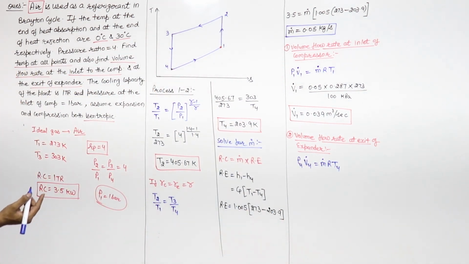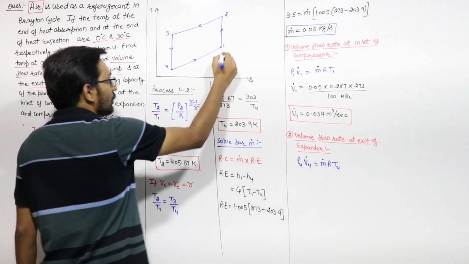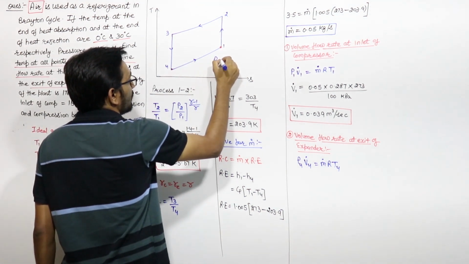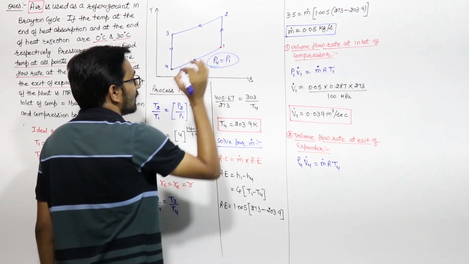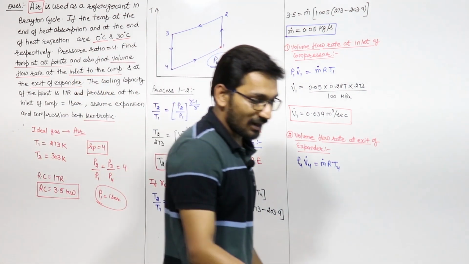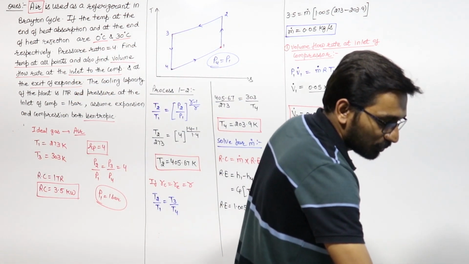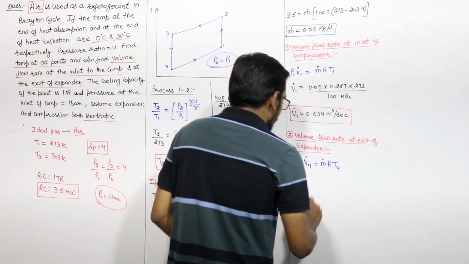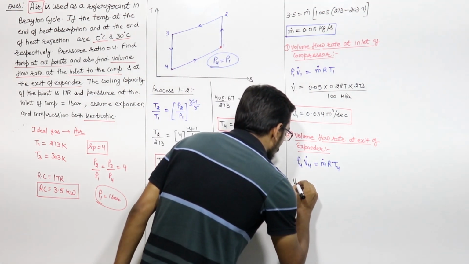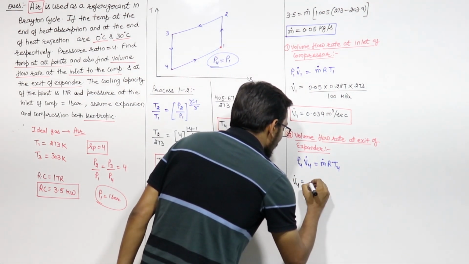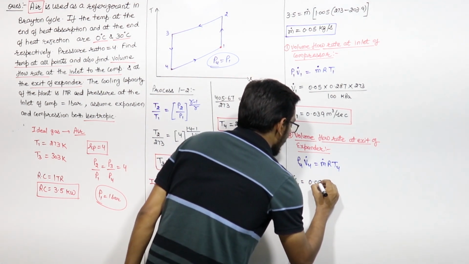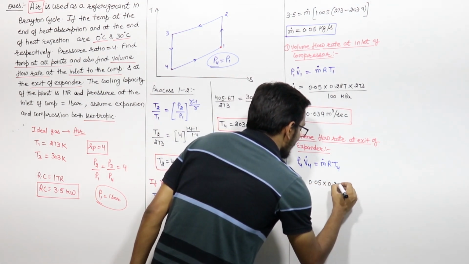How much is the P4? P4 and P1 are same, right? You know this is constant pressure process. So P4 will be equal to P1. So if you put the value here, the volume flow rate at the point 4 will be equal to, what is mass flow rate? 0.05, R is 0.287.